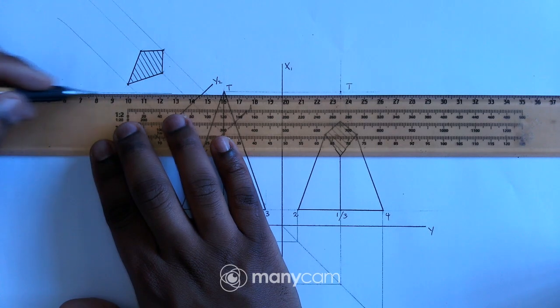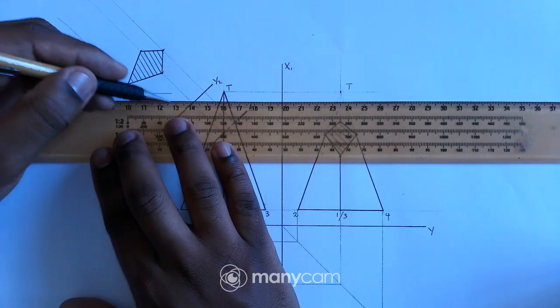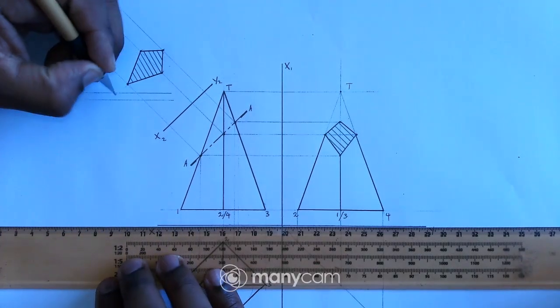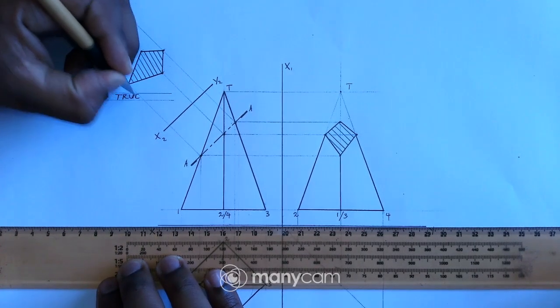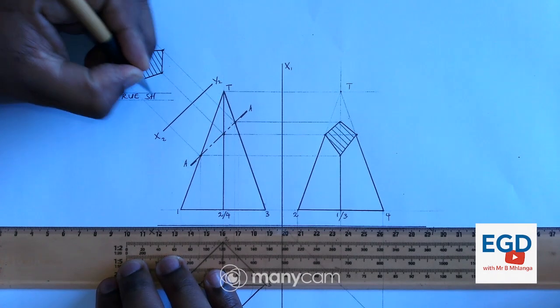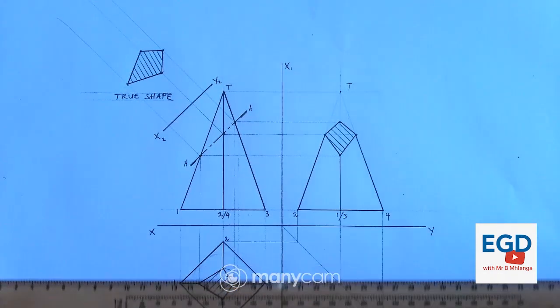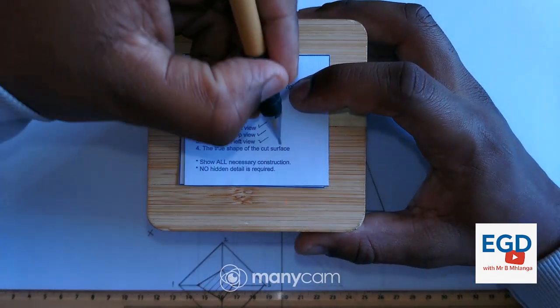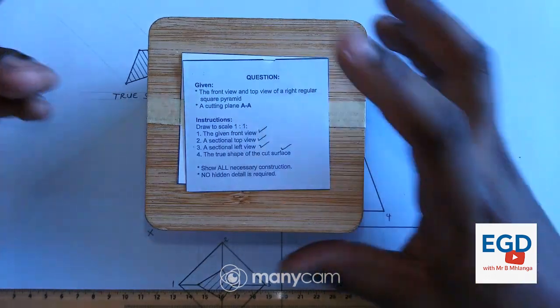So I can just label that view there, true shape. So that's our true shape. I can then mark it off there. So that means I'm done with this question.